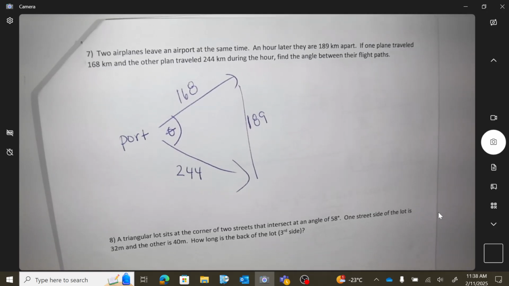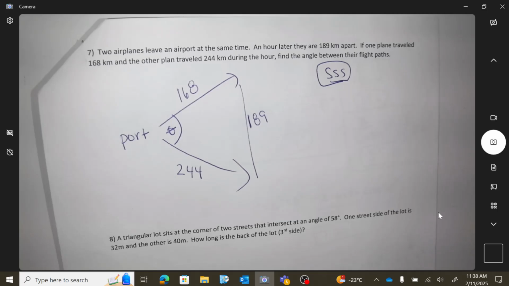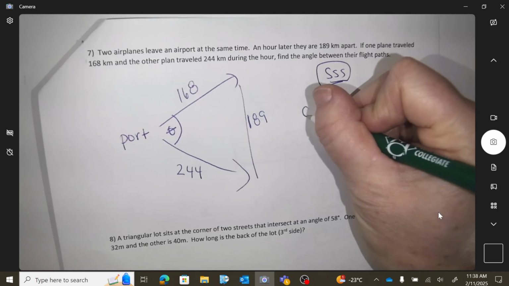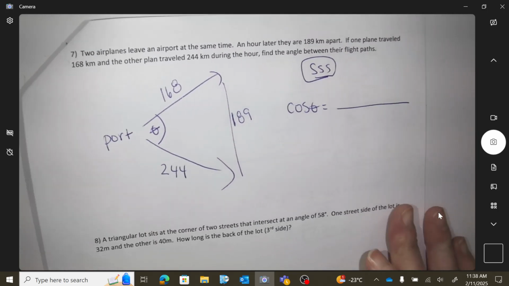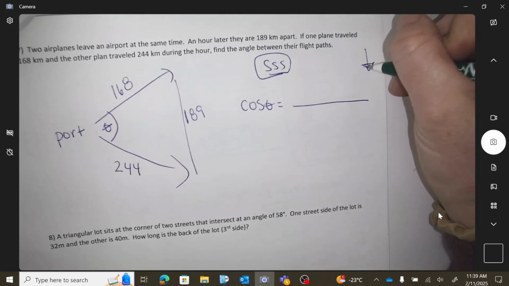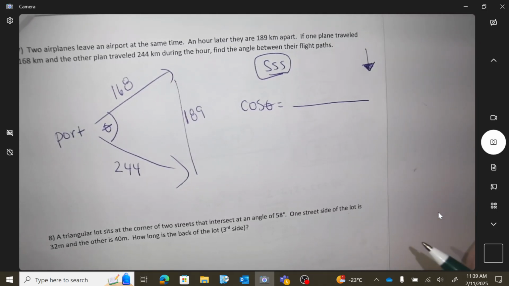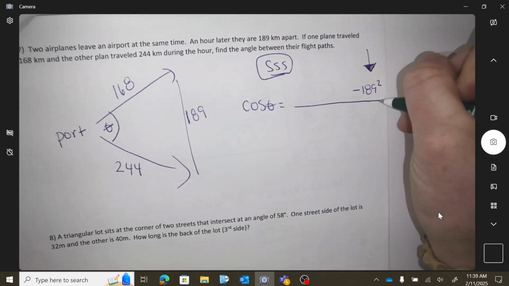So after creating that drawing, I can see some triple S going on, right? Which is cosine law. So I'm going to do a cos theta equals fraction. And I'm going to go to the end and figure out which of these is the most important. And that is to do the 189 squared at the end.